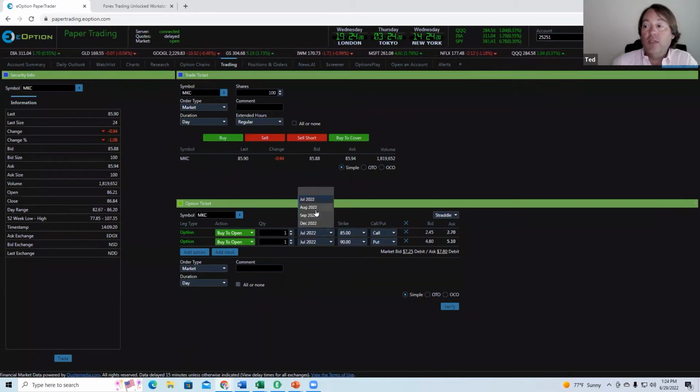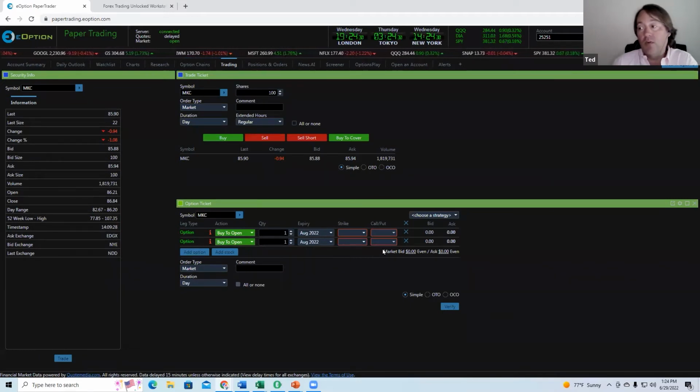So for this, we can change to August. There we go. And you can change other things if you want to do that. But that's already preset in there. I would go with the presets, typically, except for your expiration months and your strike prices.